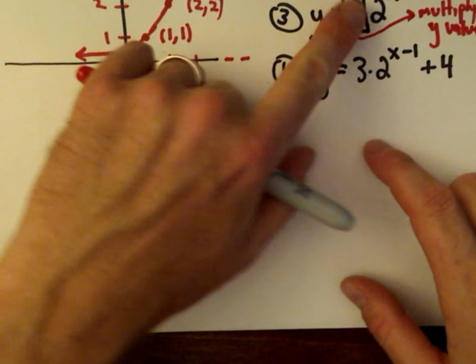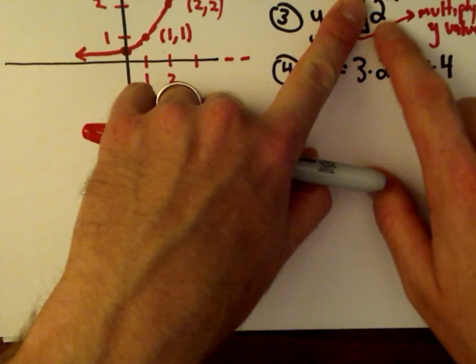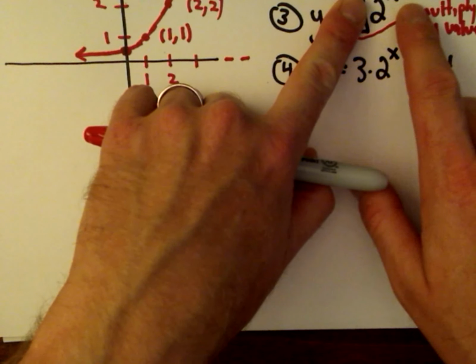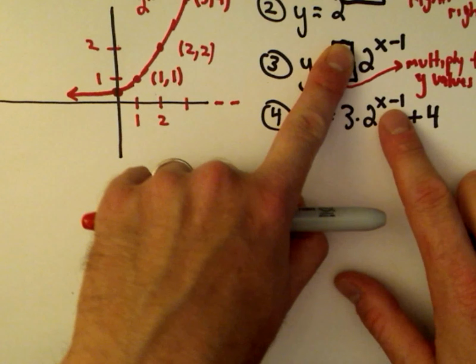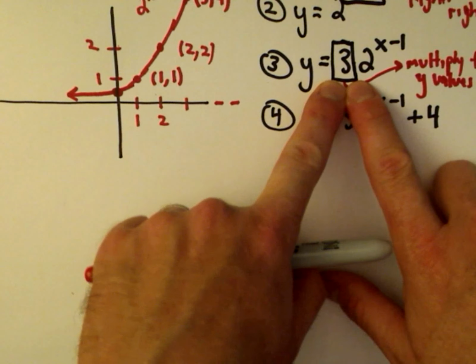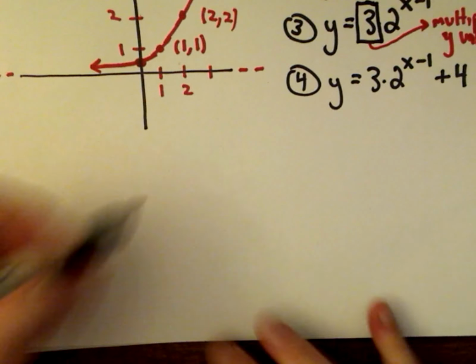And again, if you think about it, that makes sense because whatever we originally plugged in for x, we would get 2 to that number minus 1. We would get some y value, but then we take that y value and multiply it by 3. So that's going to take all of our original ones.